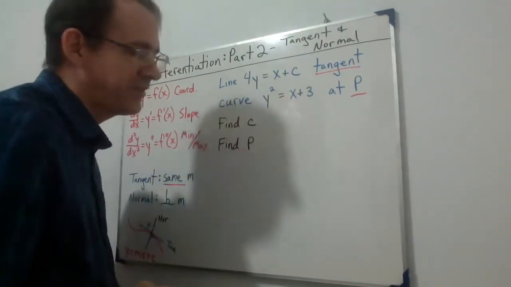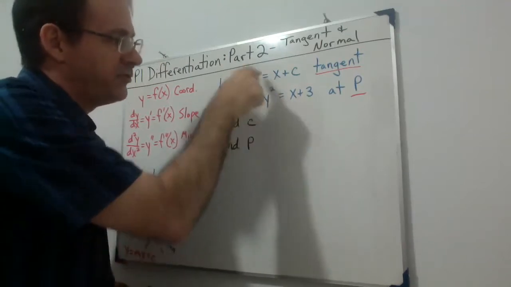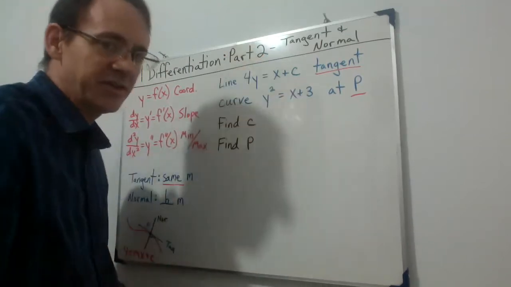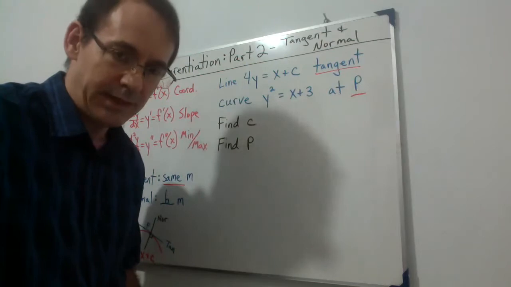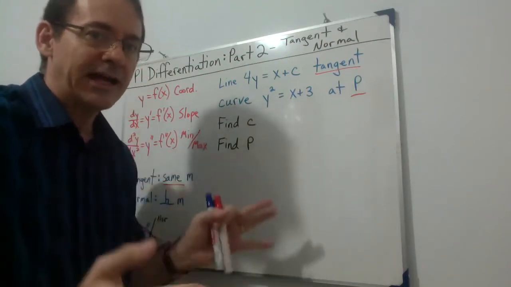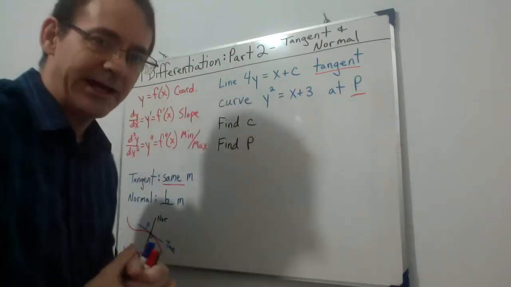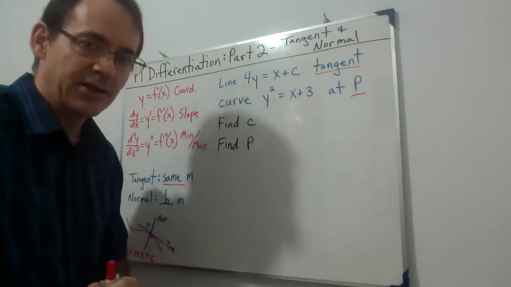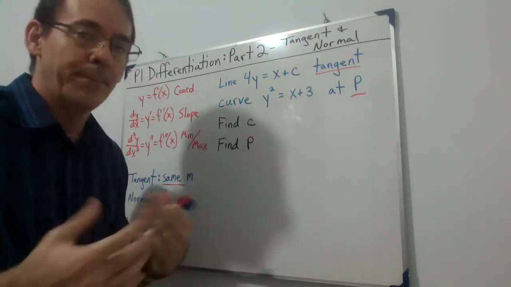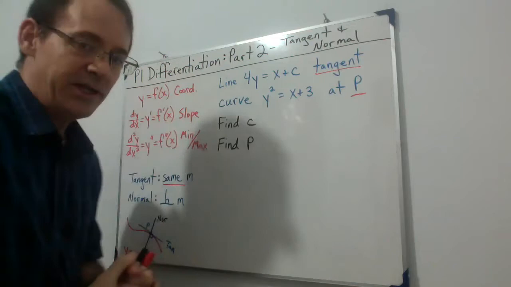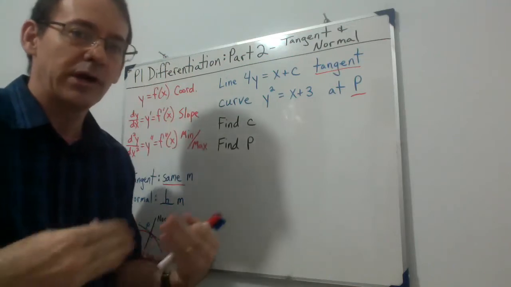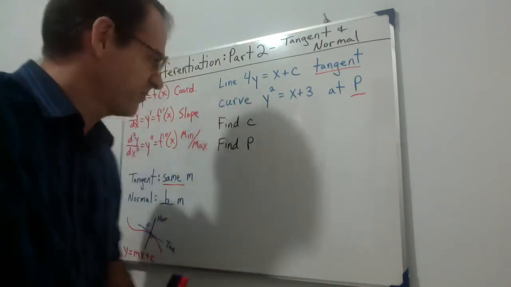Once you have c, you can then do simultaneous equations and find point P. So you could actually turn this into a quadratics question instead of a derivative question. But since we're in the unit of differentiation, we want to solve it a different way.